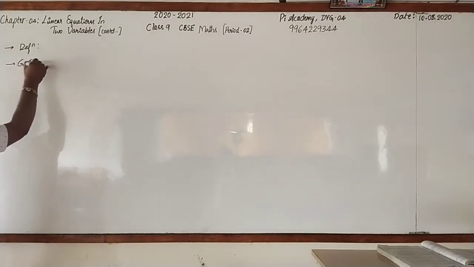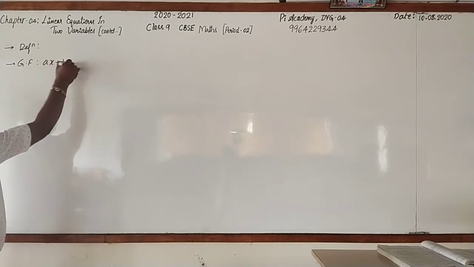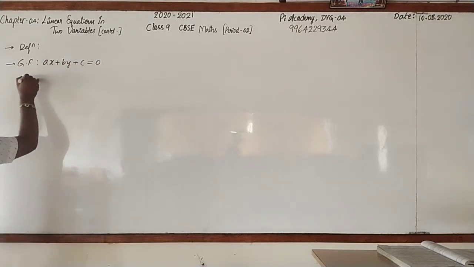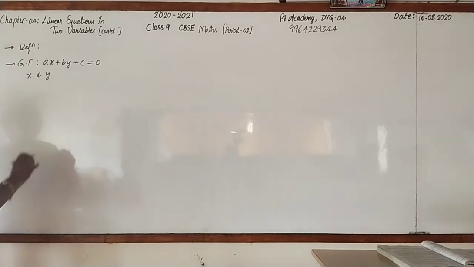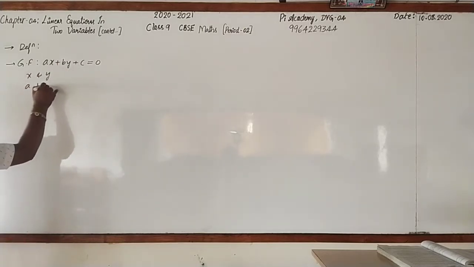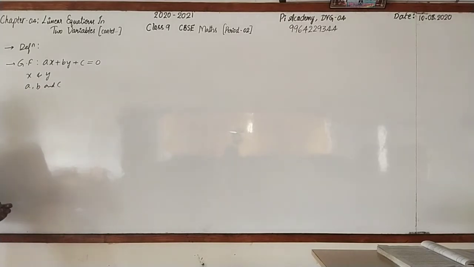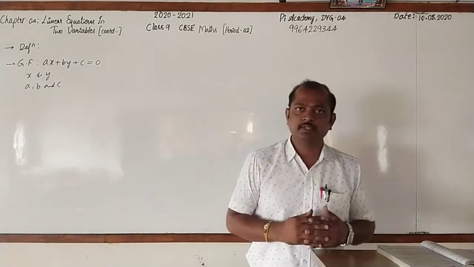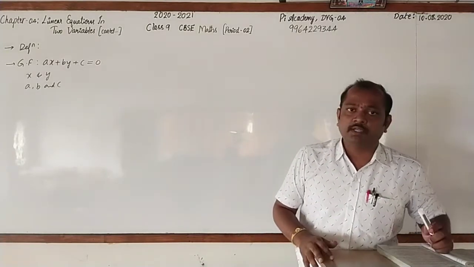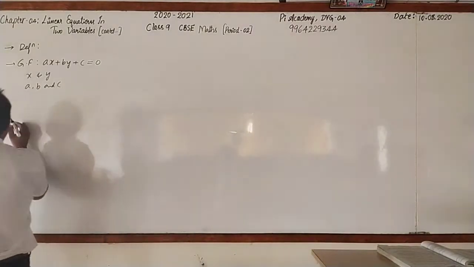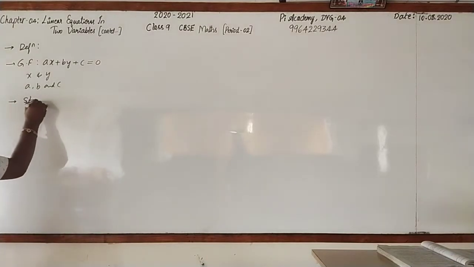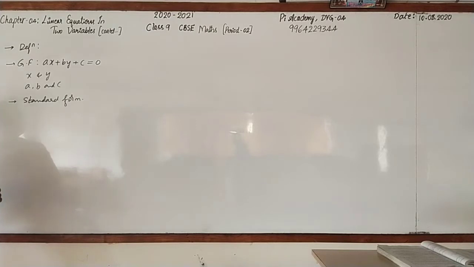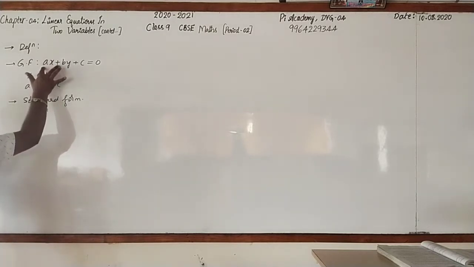You are right, it is ax plus by plus c is equal to 0, where x and y are variables, and a, b and c are coefficients, which may be any real numbers. Is it not? After that, we learned how to write the given equations in standard form. Not only this, we also indicated the values of a, b and c.